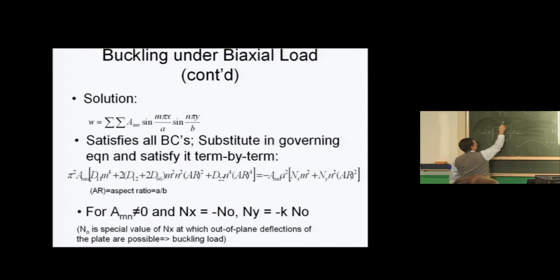Now if I were to make a cut and look at it this way, if I saw something that involves two half waves, then I would have N equals 2. And essentially, my shape, if I could draw it, would look like this. Looking from the top now, I have one half wave in this direction and two half waves.